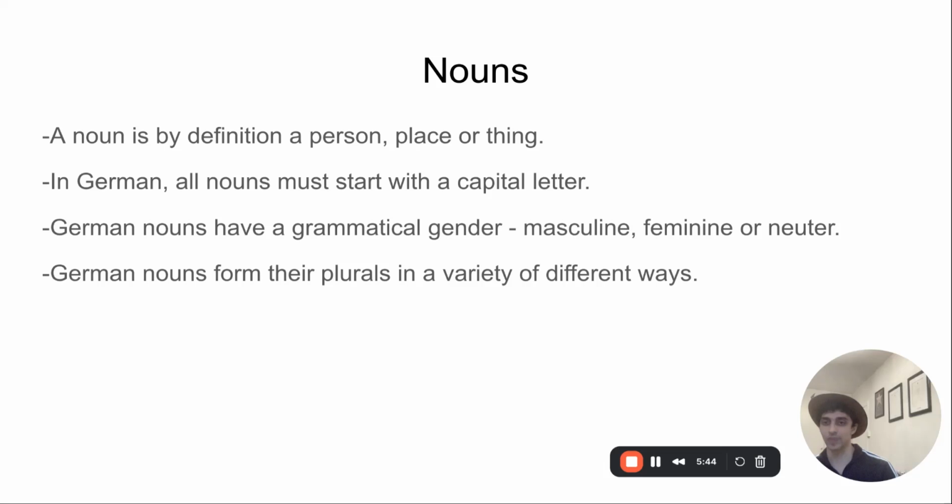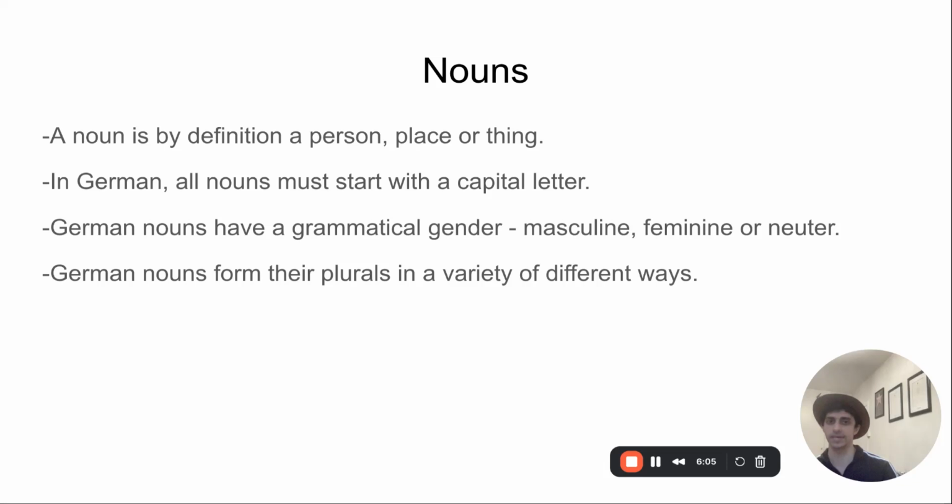And that does make it a bit harder because every time you learn a noun in German, you must try and memorize the gender too. There are a few shortcuts, which I'm going to show you as well, which can help to make that process easier. If a noun has a certain ending, those endings will often be associated with a particular gender.